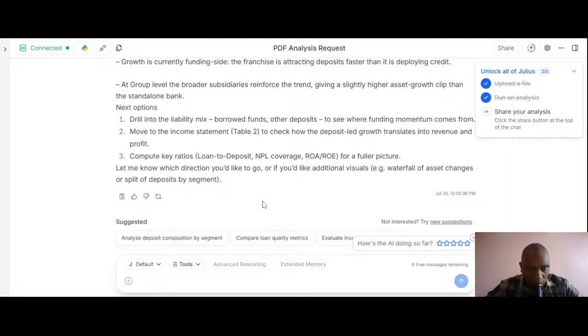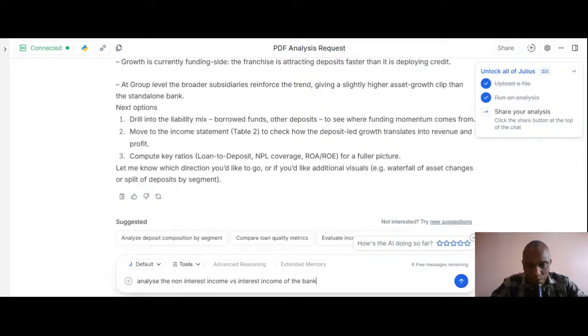So I can tell it to analyze the deposit composition of the segment. So I just come here and tell it to analyze the non-interest income versus interest income of the bank.